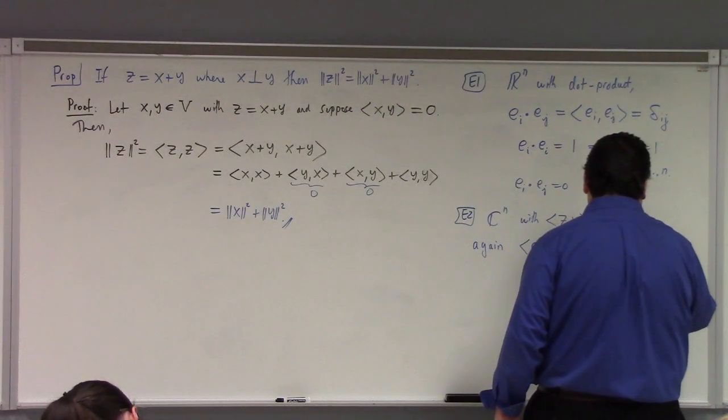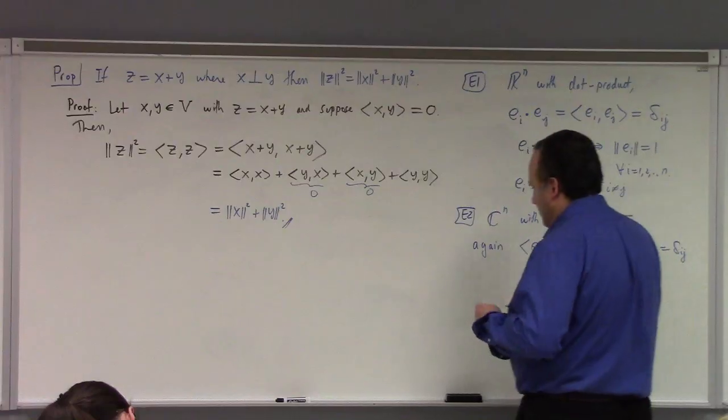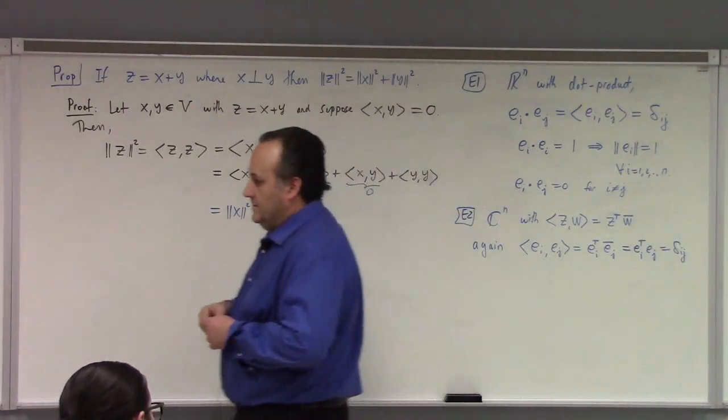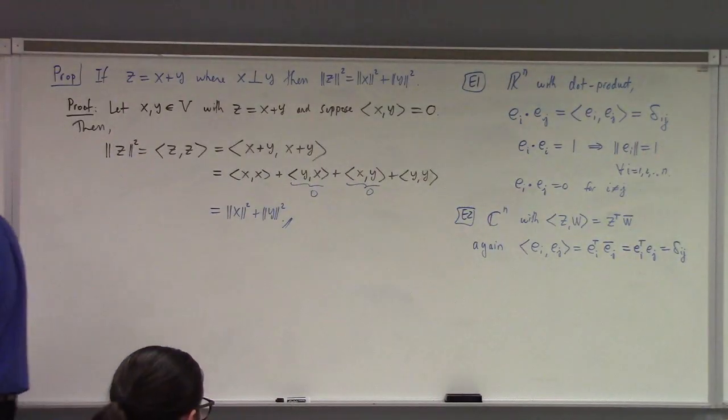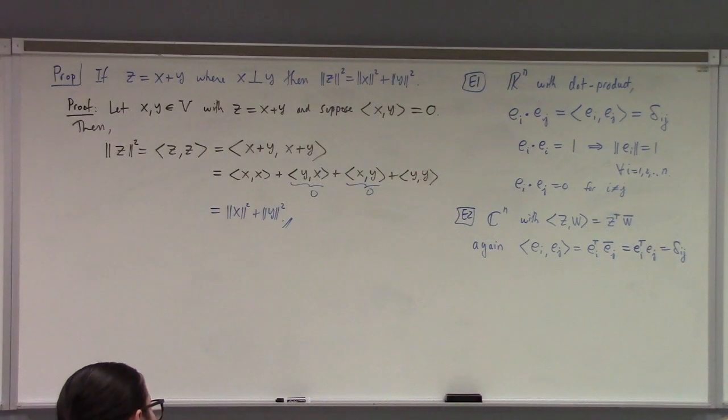This is e_i transpose times e_j, which is again Kronecker delta ij. So yes, the standard basis for C^n is orthonormal with respect to the usual C^n inner product.